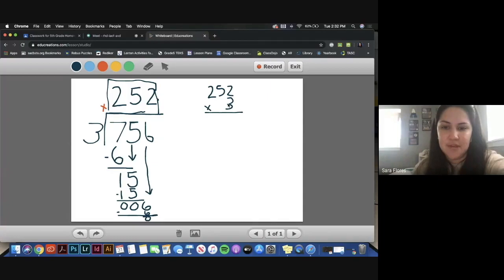So now 2 times 3 is 6. 3 times 5 is 15. I put my 5, I carry my 1. 2 times 3 is 6, plus 1 is 7. Guess what? Our product and our dividend match. So my answer is correct.